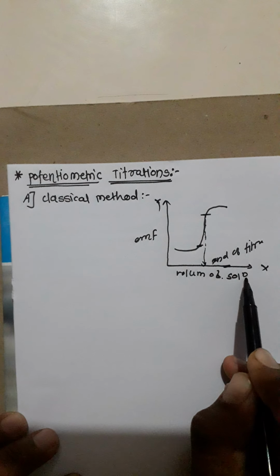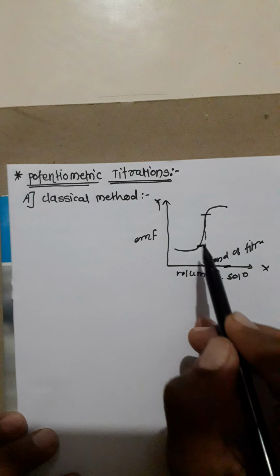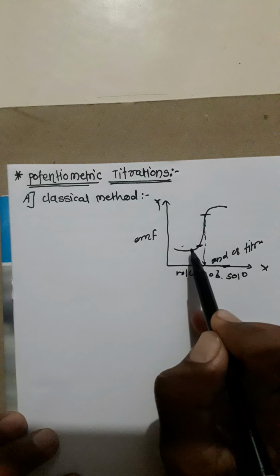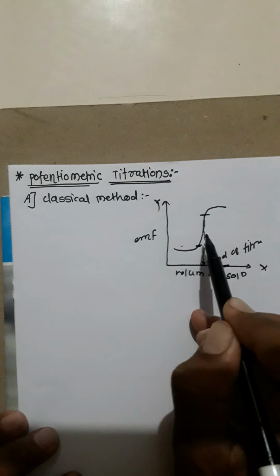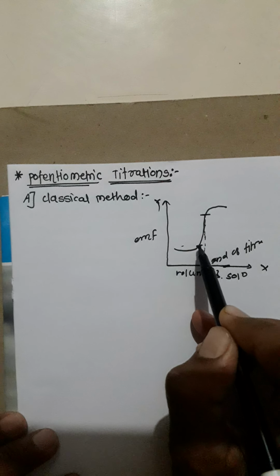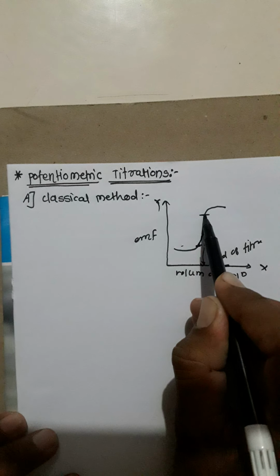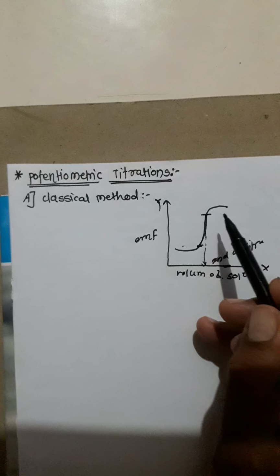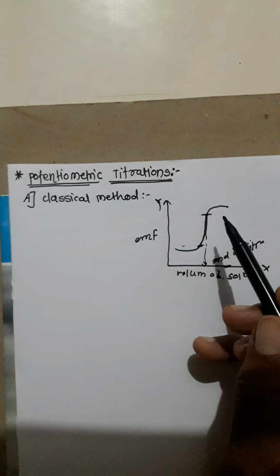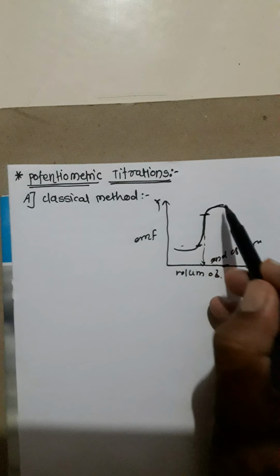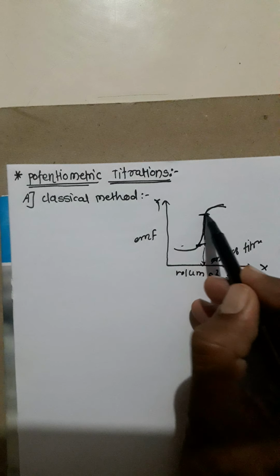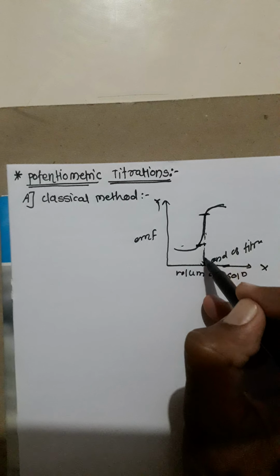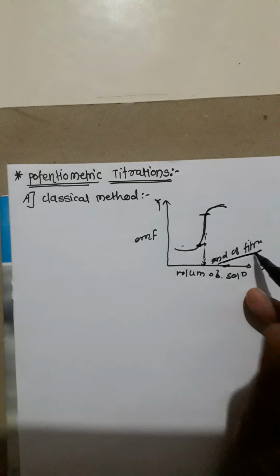Whenever the volume of solution is added during the titration, the EMF slowly increases, and after some time EMF sharply increases. After the sharp increase, again EMF slowly increases. This sharp point of the graph is called the equivalence point or end point of titration.